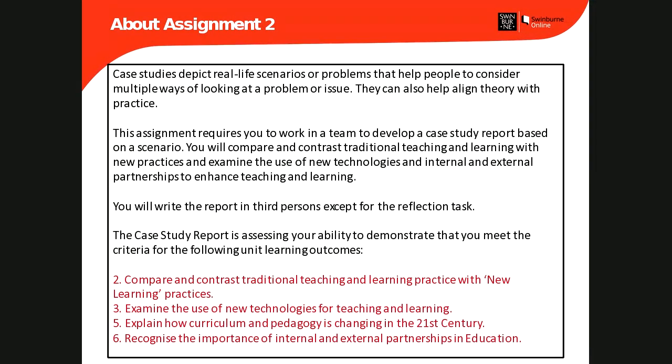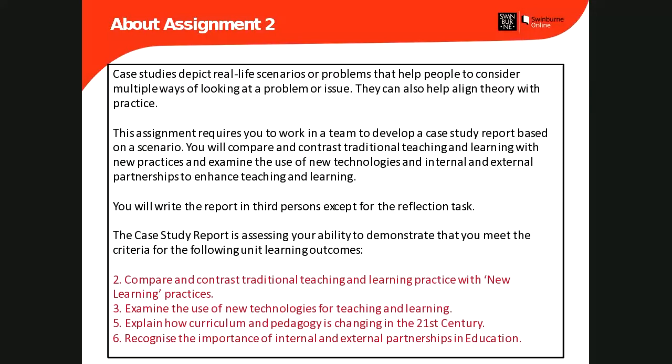Okay, I think these unit learning outcomes are really, really important because I think they start to make the assessment real, and I think they start to address also some of the questions that we've had about each of the parts to the task. Through this task, we're asking you to compare and contrast traditional teaching and learning practice with new learning practices. So looking at 20th century compared to 21st.